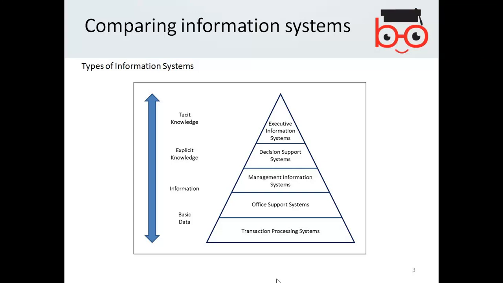The next level, a little bit above, is executive information systems, which could be based on interlinked big organizations that could be integrated into one system.